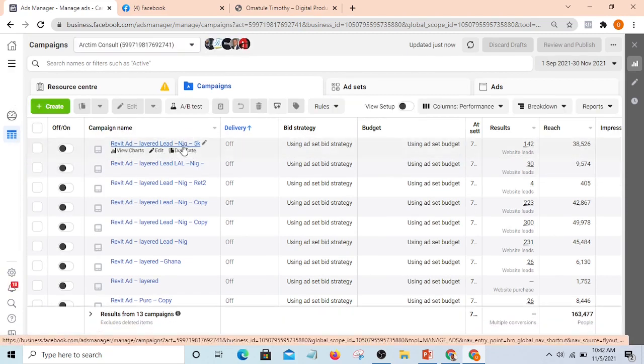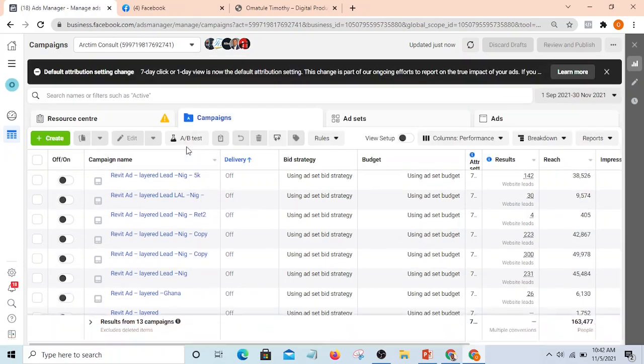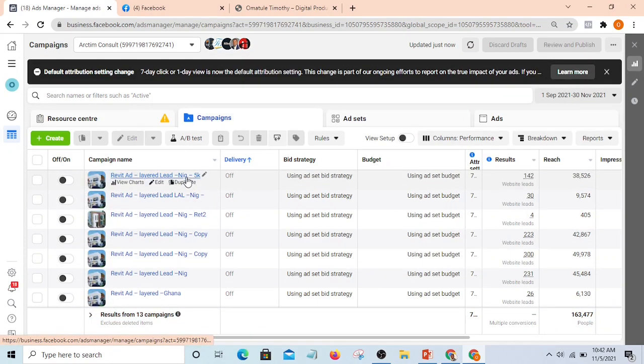If I duplicate this ad set, it means that I now have two ads that are running, and those two ads are showing to people. I have divided my engagement.